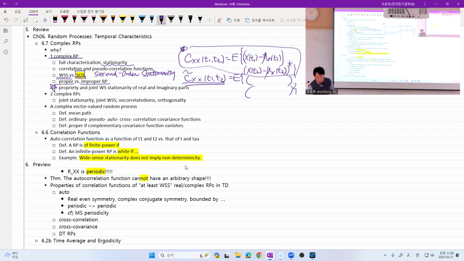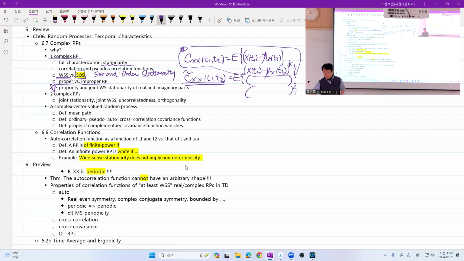By the way, this part is not proven here, but I ask you to try this. It says that if you have a wide sense stationary real valued bandpass random process, then its complex equivalent random process is always proper. So if you are a radar engineer, or a communications engineer, especially in the physical layer, then try to prove that.